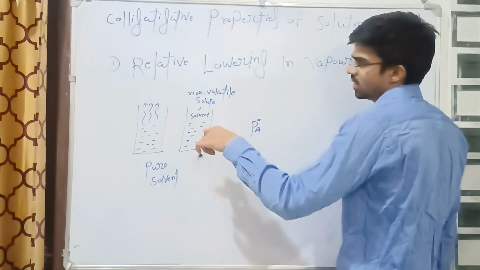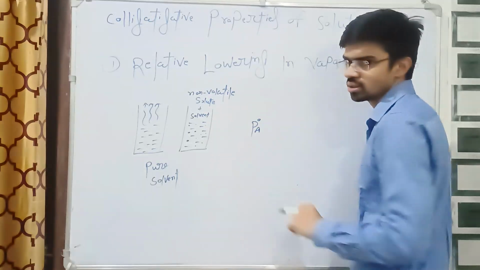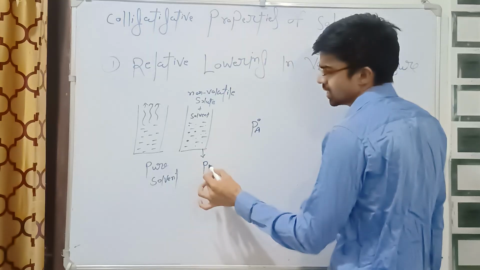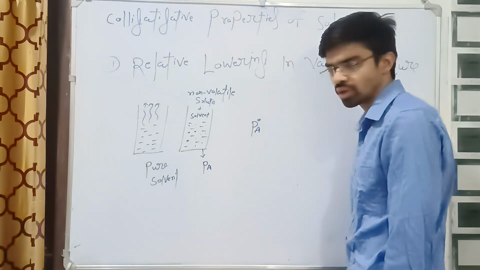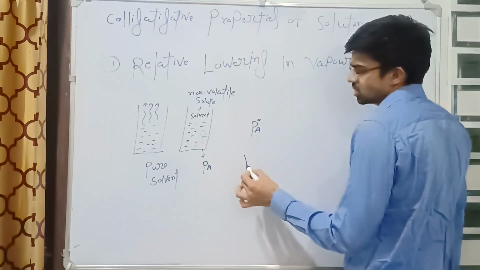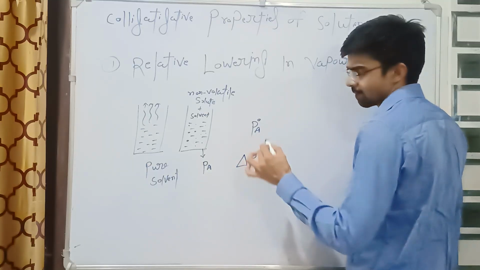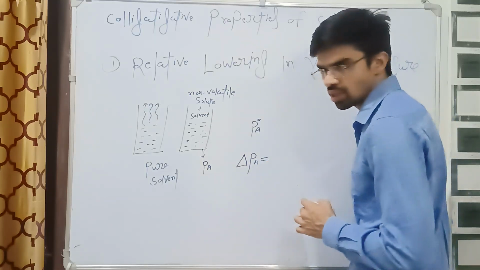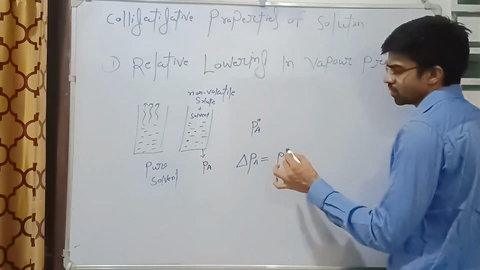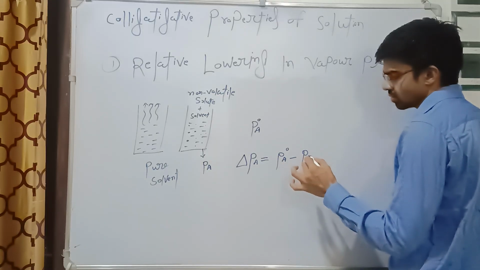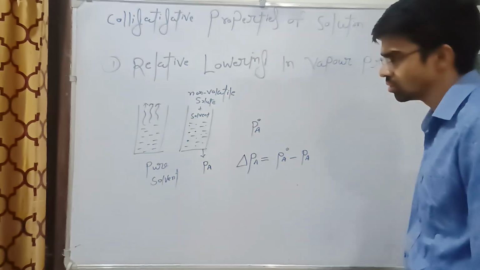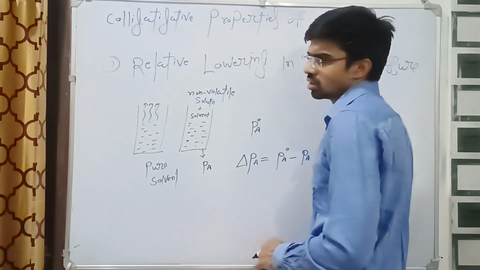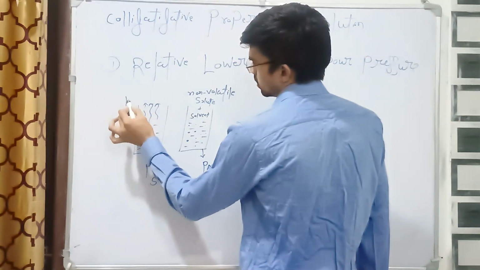Now, when we add the non-volatile solute in this pure solvent, the pressure will become PA. Okay. Now, the change in partial pressure del PA will be equal to P naught A minus PA. How? Let us consider when the solvent was pure, the vapor that is formed is 100%.